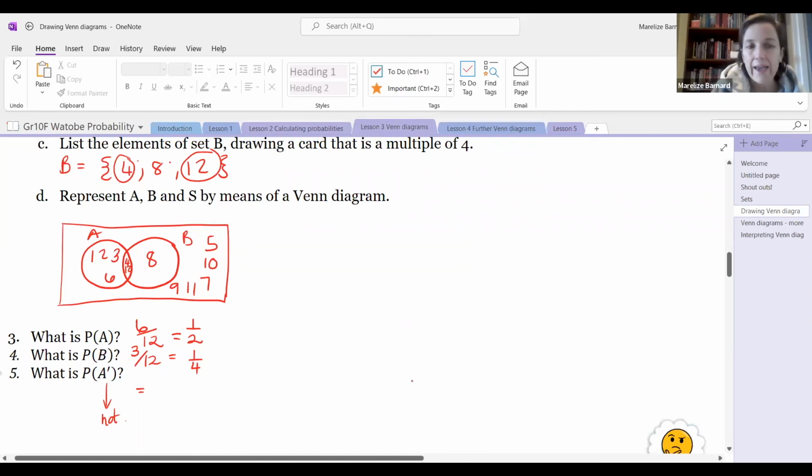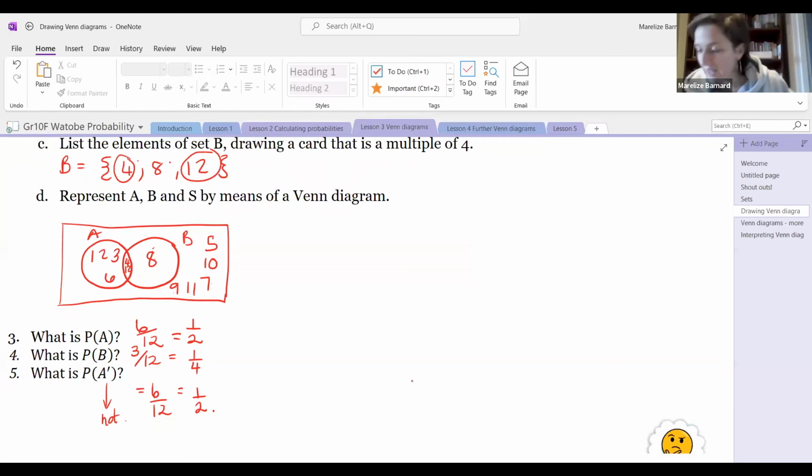So if you're not getting A, then you're getting B and all the other numbers. So you can't include anything from A. So that would be 8, 5, 10, 7, 11, and 9. So that's 1, 2, 3, 4, 5, 6 out of 12. And that is 1/2.